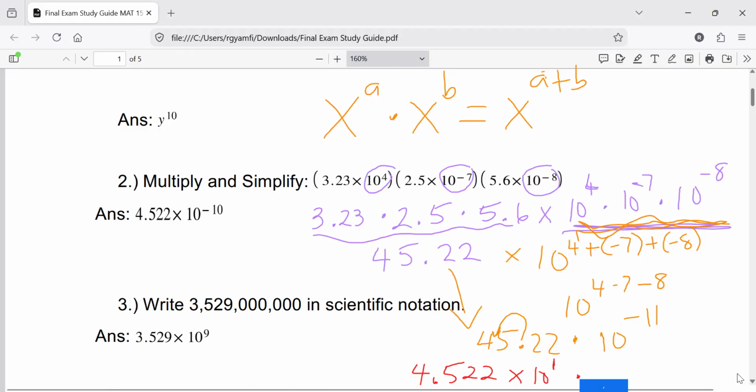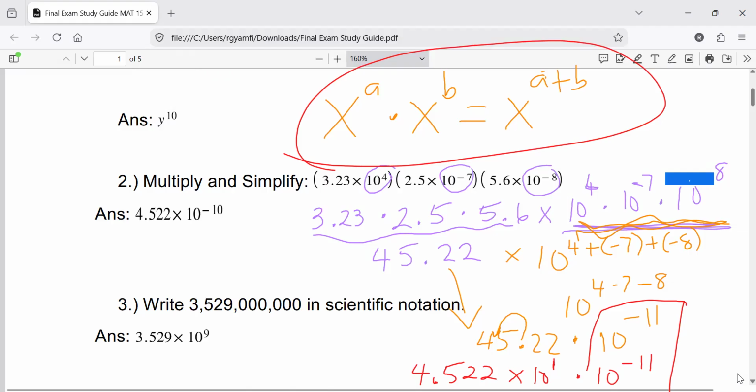And then I've got times 10 to the power negative 11. That is this part. It's still there. 10 to the power 1 times 10 to the power negative 11. Again, from the rules of exponents, it says you should add the powers.